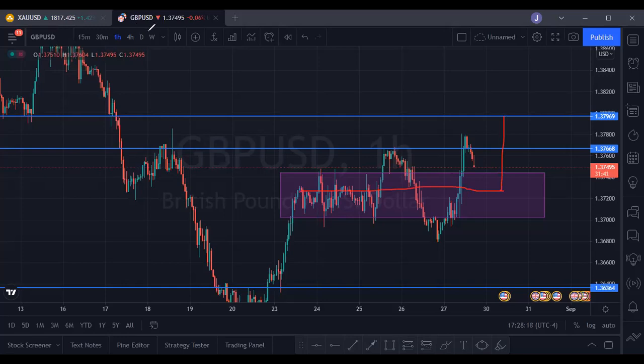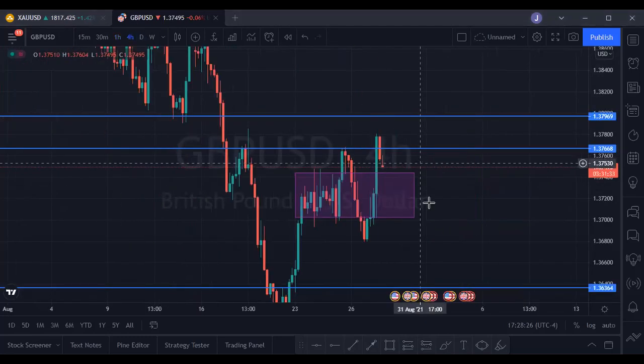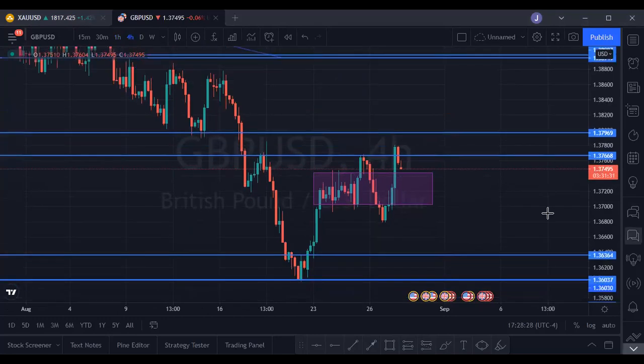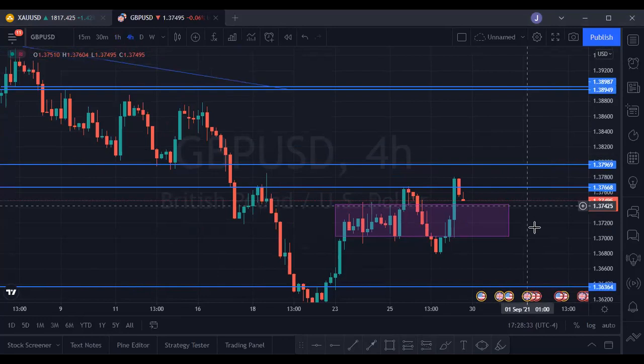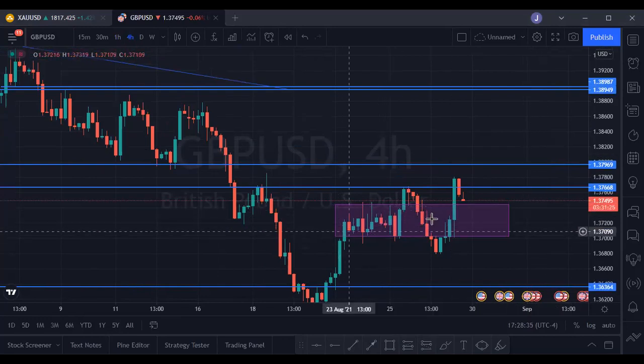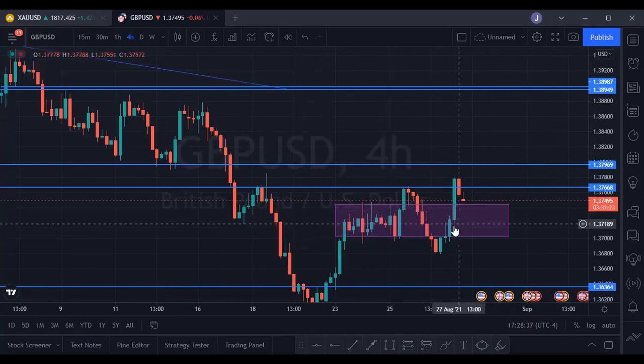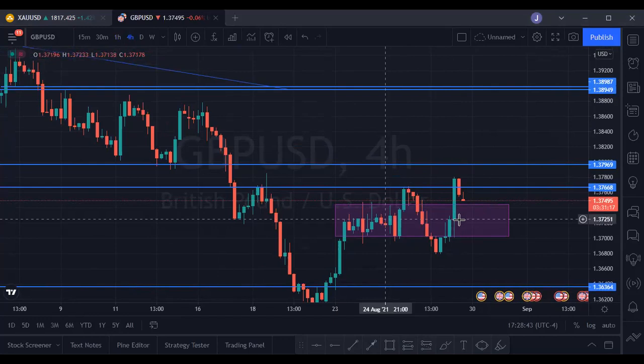Let's look at H4 and see what H4 has for us. All right, on H4, we see that the bullish candle closes above this box, this rectangle box here.